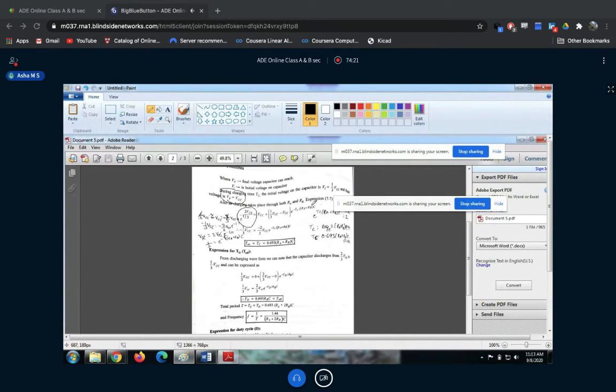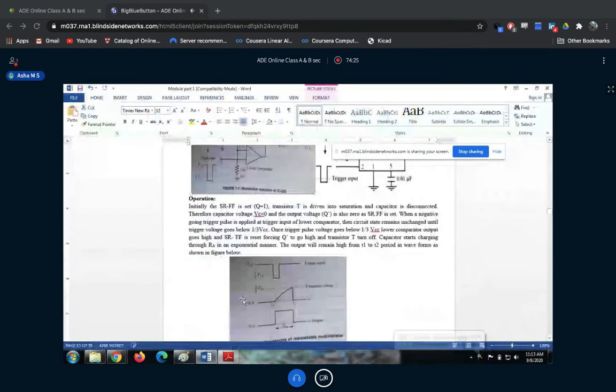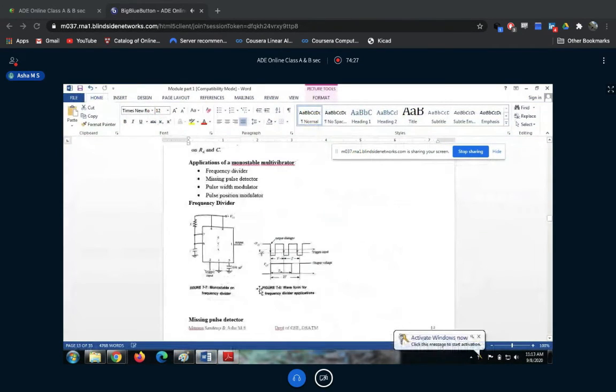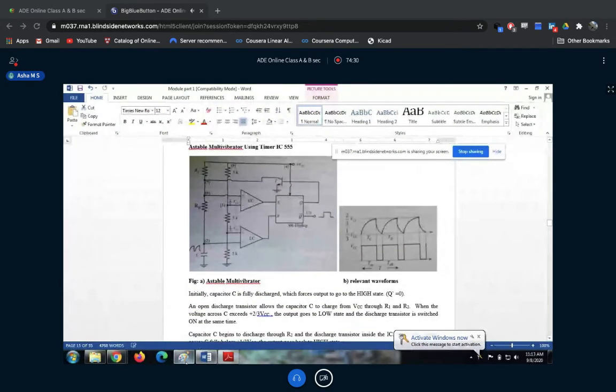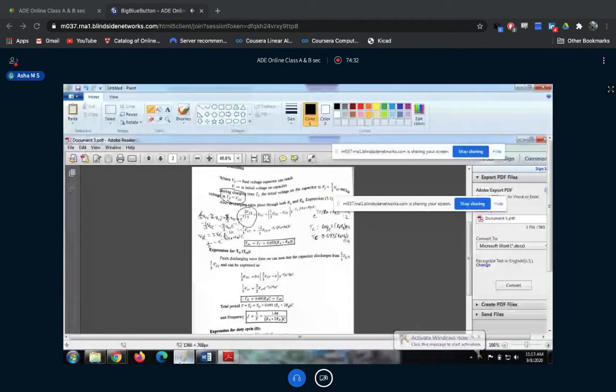Because in the diagram, the capacitor is charging through both the resistors RA and RB. Got it?